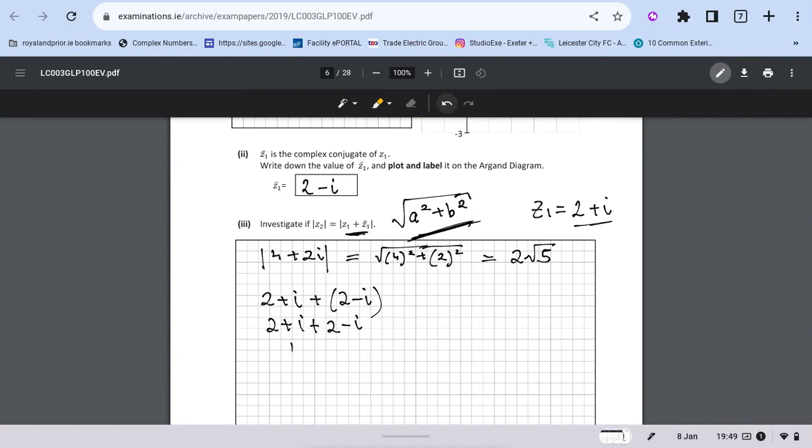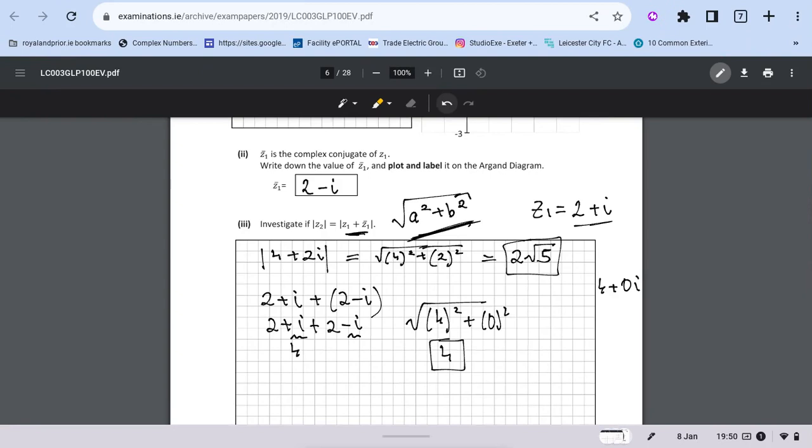So 2 and 2 gives you 4, and my i's go. Now, the modulus of that is just going to be 4, because it means how far it is from the origin, but I'll plug it into the formula regardless, just so you'll see that. So 4 squared plus 0 squared. The 0 coming from the fact that it's 4 plus 0i. And when you get through that into your calculator, you get 4.